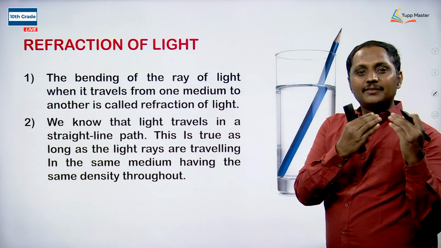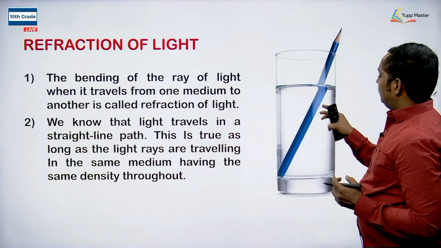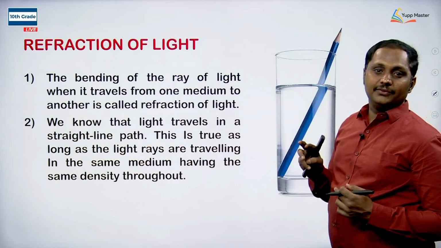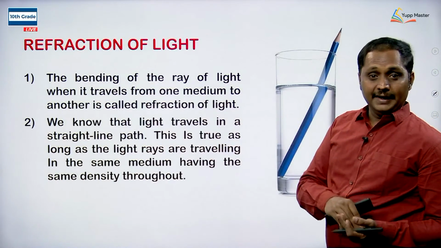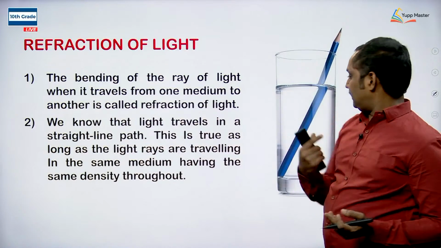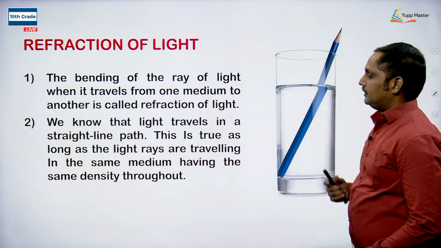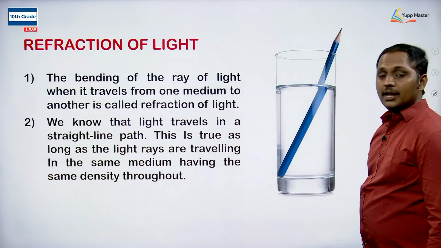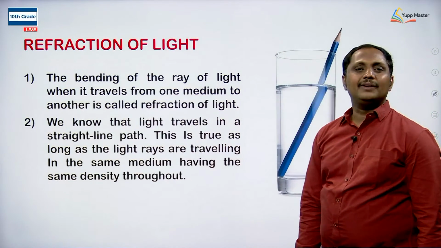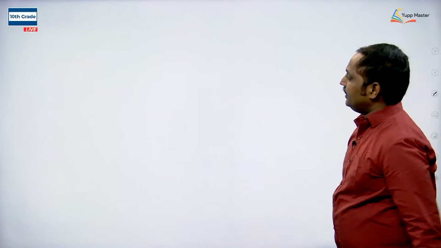So, the bending takes place due to this phenomenon. Actually the pencil has not broken, it appears to be broken, that is very clear. So, we can confirm that. In this case we will conclude the matter: bending of light when it travels from one medium to another medium. Let us see the next one.